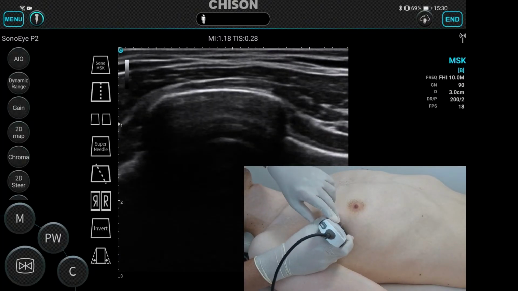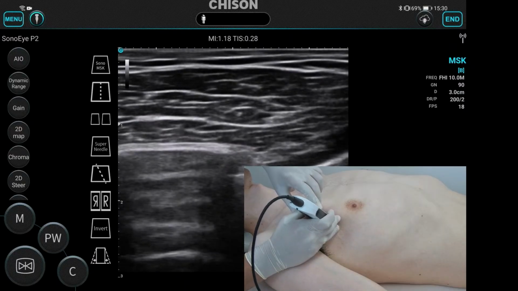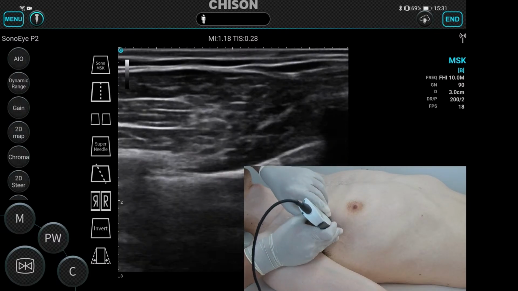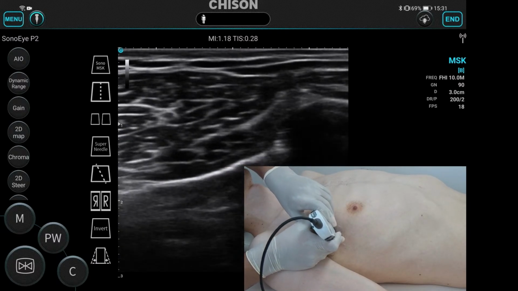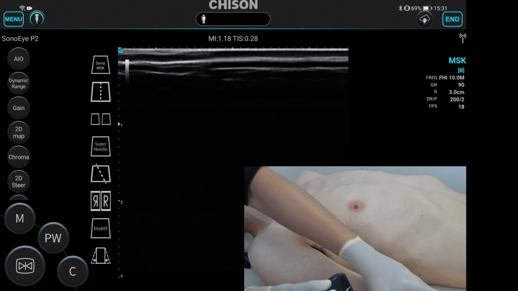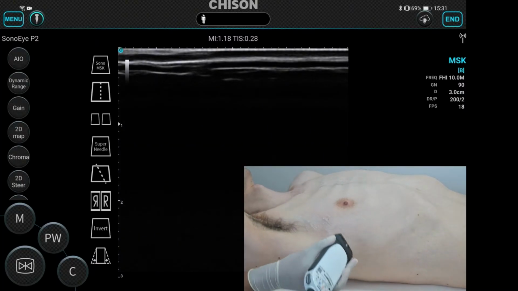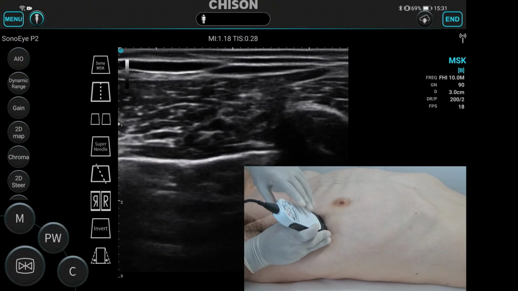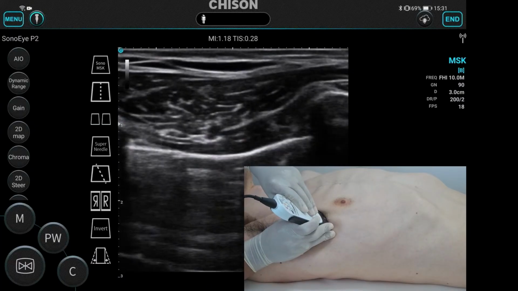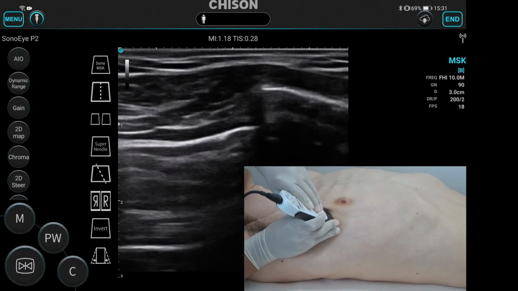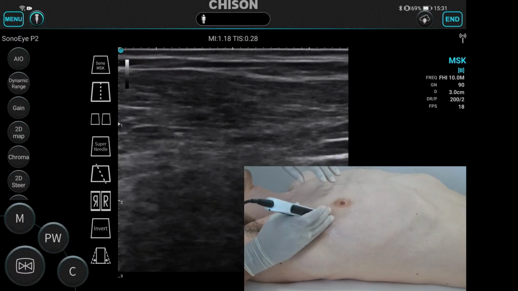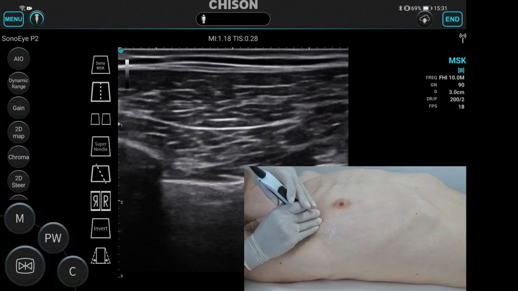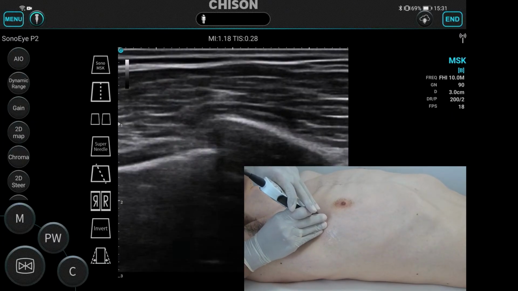We can see the ribs, the pectoralis major, minor, the thoracoacromial artery pulsating. Now as we start traveling, maybe you can also try to abduct the arm. It will give us a better view over here. Okay, wonderful. Now here we can see the pectoralis major muscle. Very beautiful. We can see the pectoralis minor muscle moving.